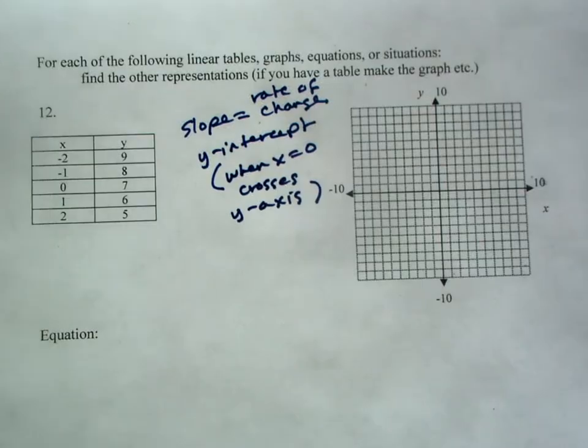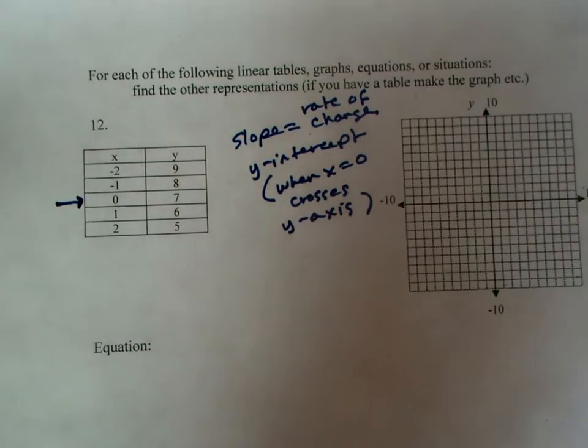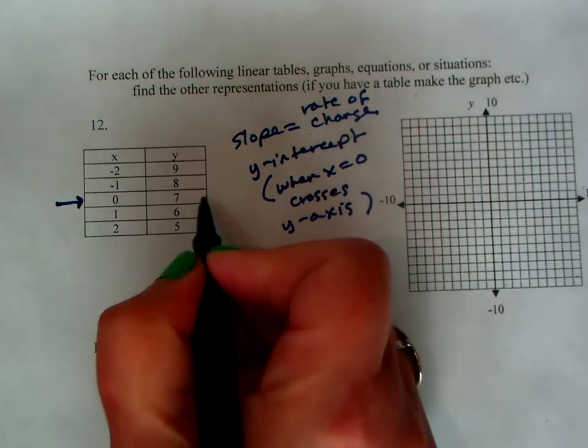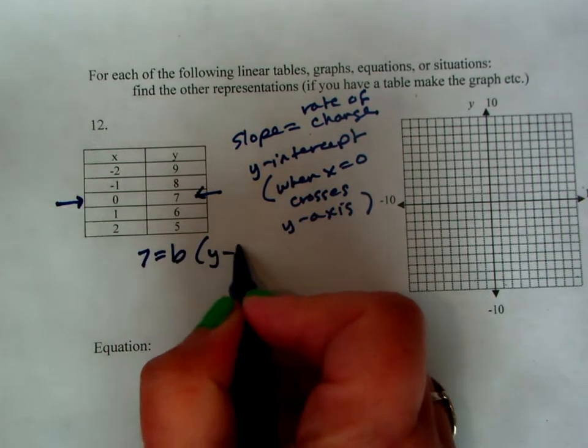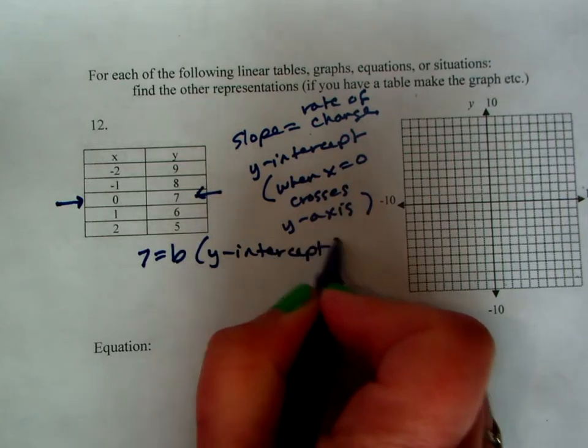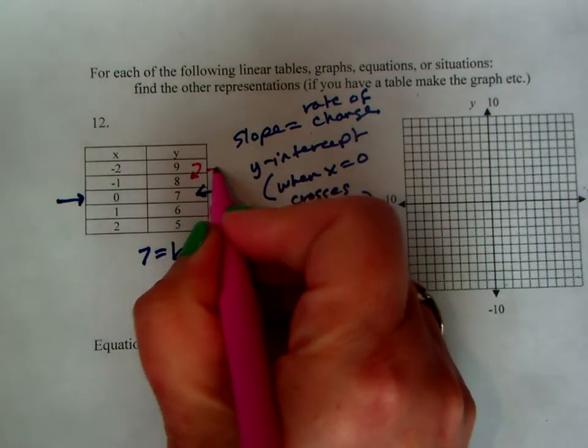Okay, so in this particular case, if I look right here, that's my 0 value, and my value is 7. So 7 is your b, so it's your y-intercept. Okay, and now if I look at what's happening every time, this is going down by 1s.